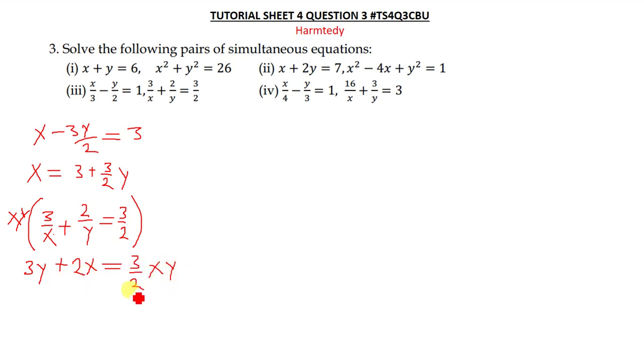So in this expression where there's x, we can replace it with 3 plus 3 over 2 y. So we're going to say 3y plus 2, and this one can be simplified to 6 plus 3y over 2. So we put 6 plus 3y over 2 there.